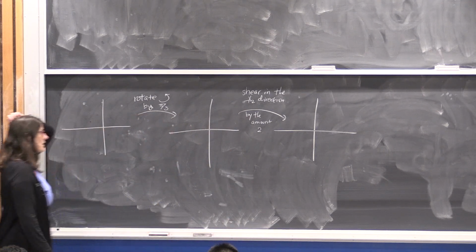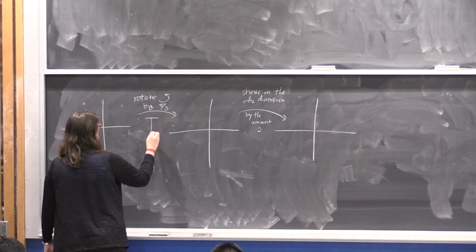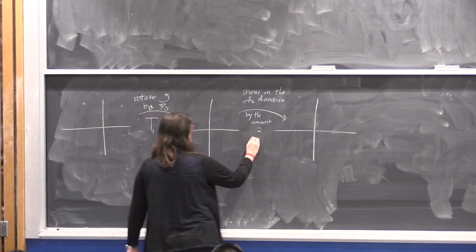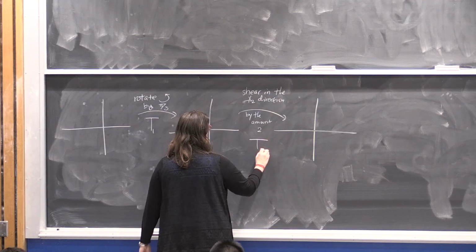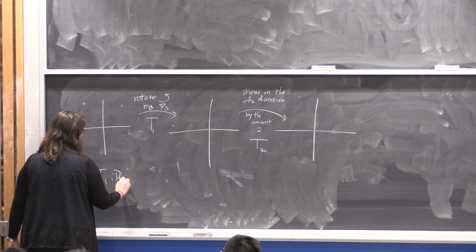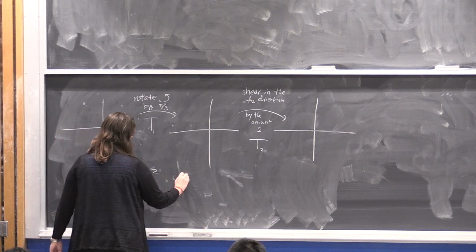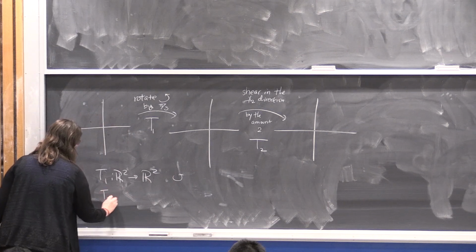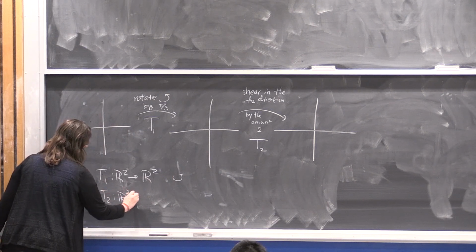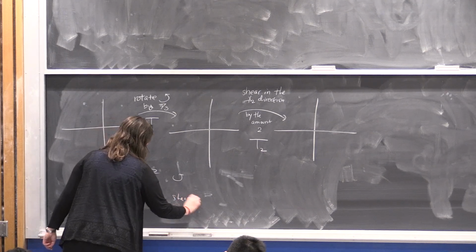If I call this transformation T1, and this transformation T2, I have T1 goes from R2 to R2, and that's the rotation. T2 goes from R2 to R2, and that's the shear.